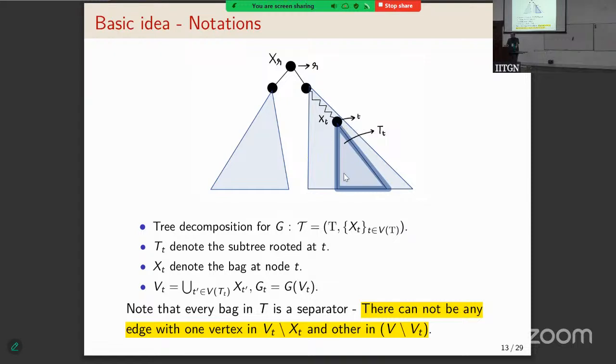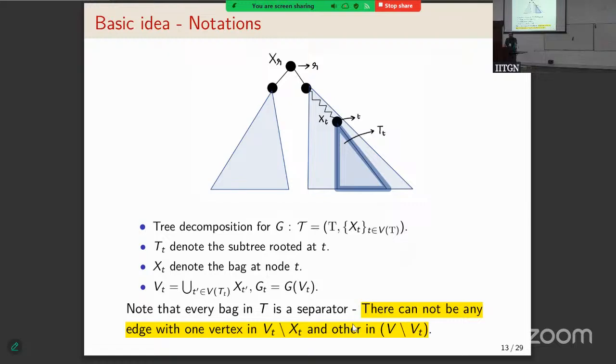Now, consider V_t as the set of all vertices in all the bags in T_2, and G_2 as the subgraph of G induced on the vertex set V_t. These are all the basic notations which I am going to use in my further talk.